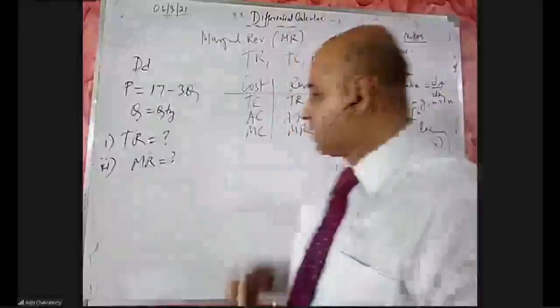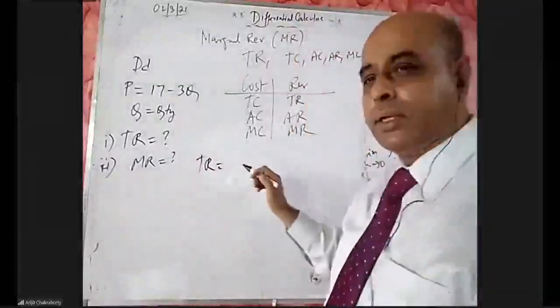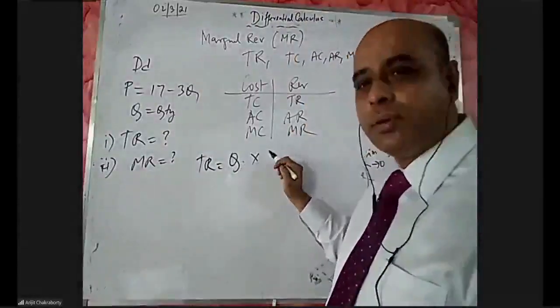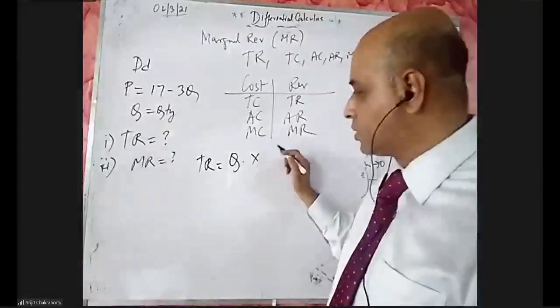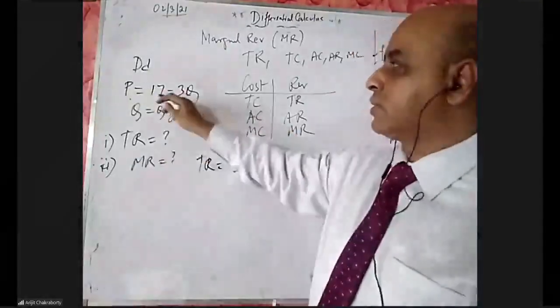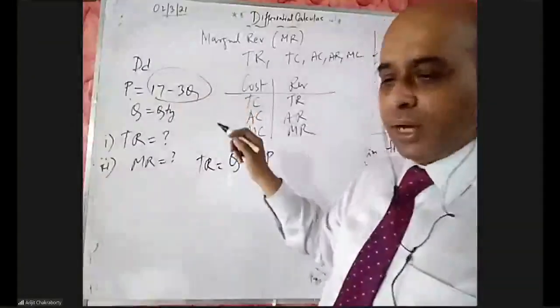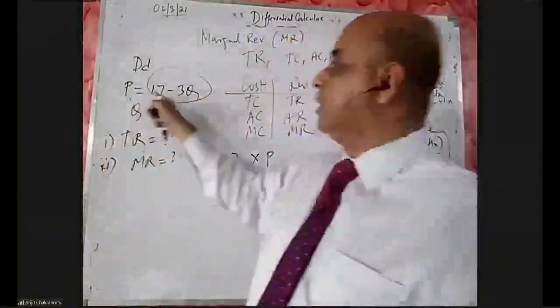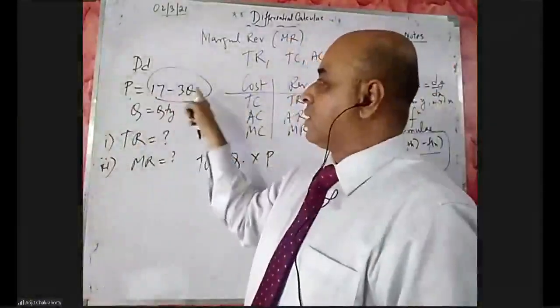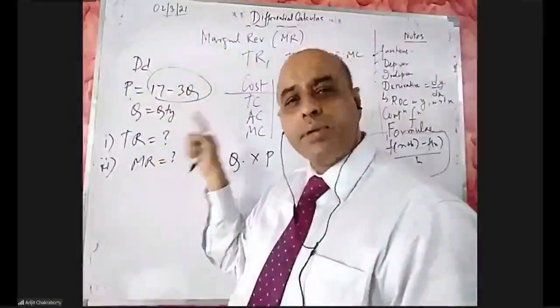We know that total revenue means the number of units Q into what? Into the demand. That is price. Here P is basically price, right? A firm faces the demand curve P equal to 17 minus 3Q, where P is the price and Q is the units.